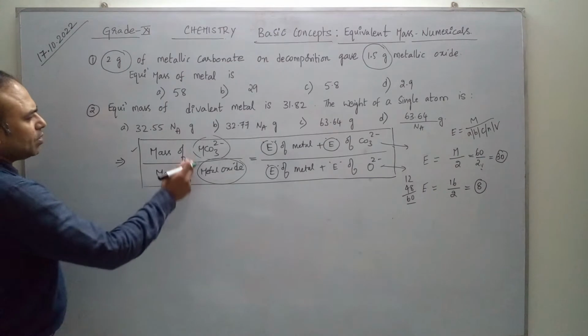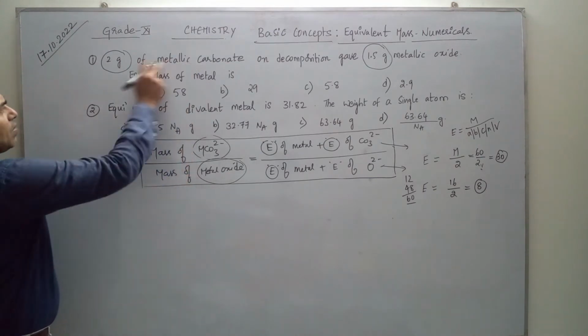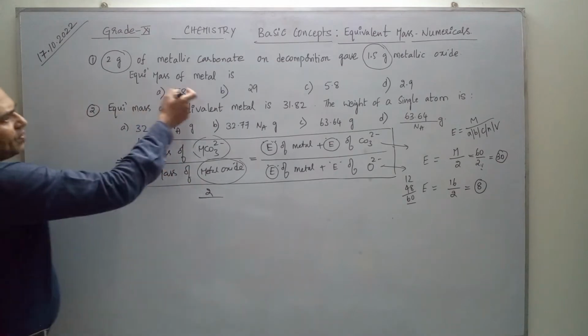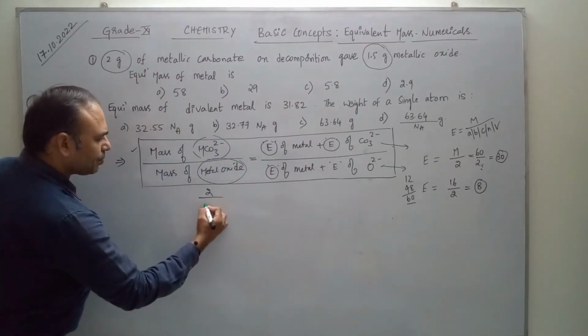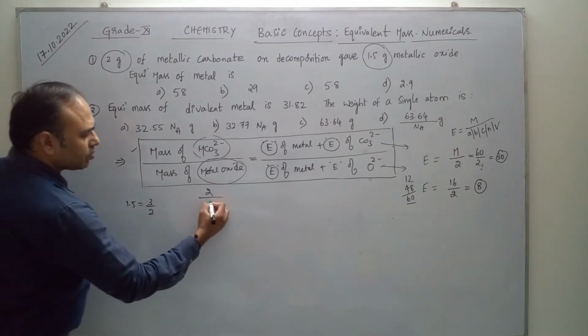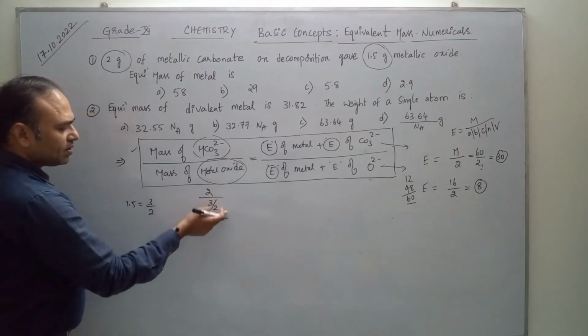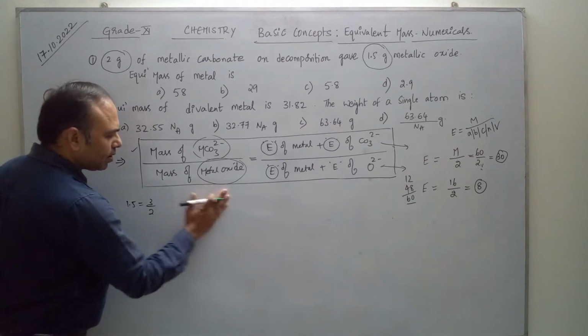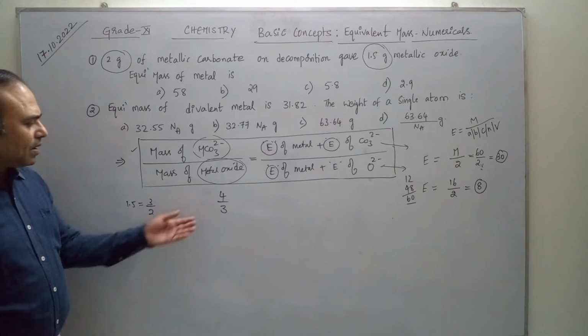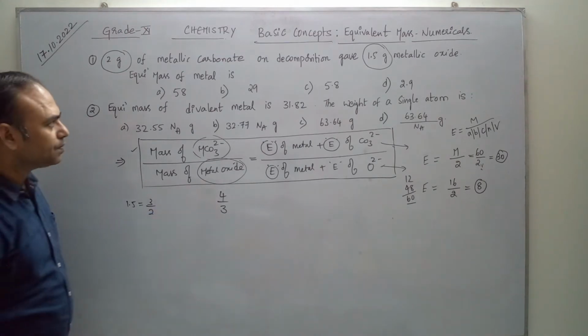Now let us substitute. Given mass of carbonate is 2 grams and the mass of metallic oxide is 1.5 gram. So 1.5 we can also take as 3 by 2, such that 2 can be taken to the numerator so that we get 4 by 3. If you write like that, it will be easy for calculation.